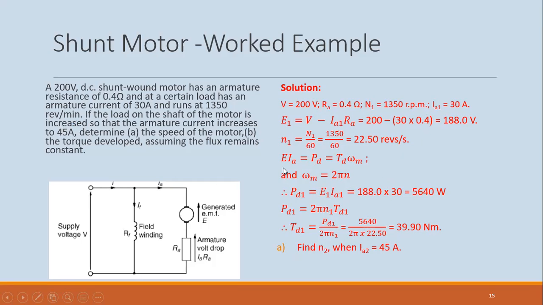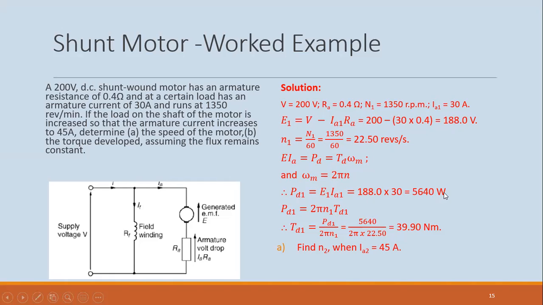All right, so the power developed, E times IA, would also be equal to torque developed times the angular velocity, and omega m is 2 pi n. So we can work out what that torque developed is in terms of E times IA. So E1 times IA1, E1 was 188, IA1 is 30.